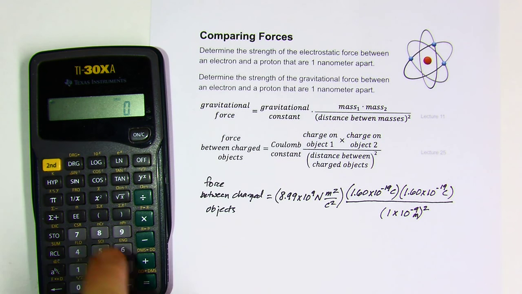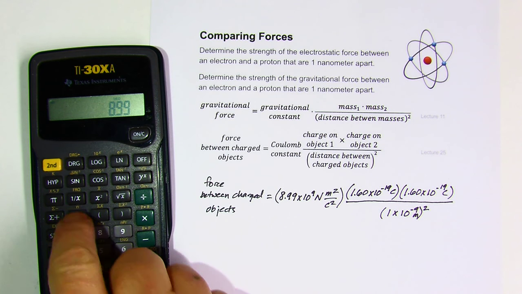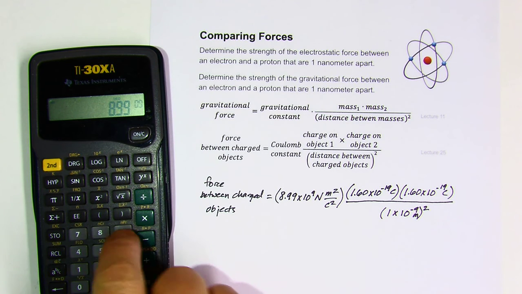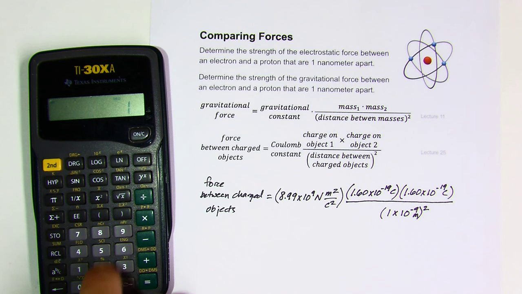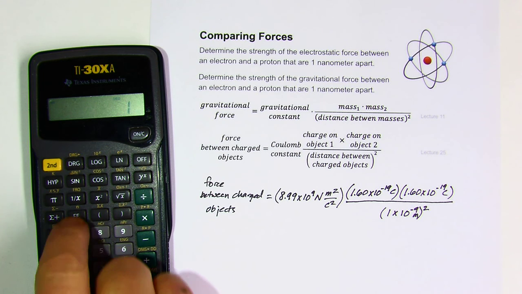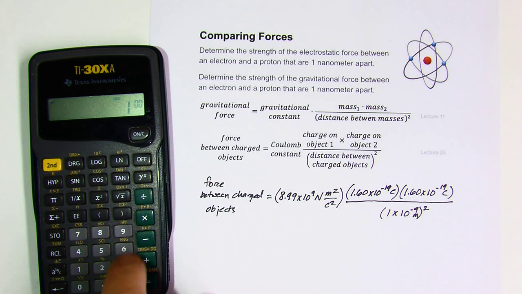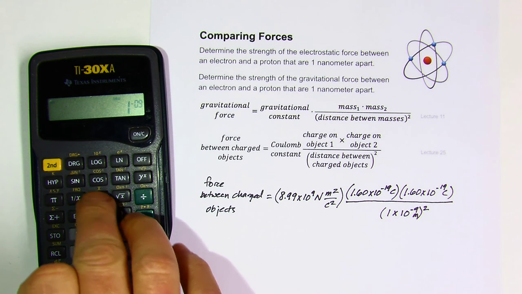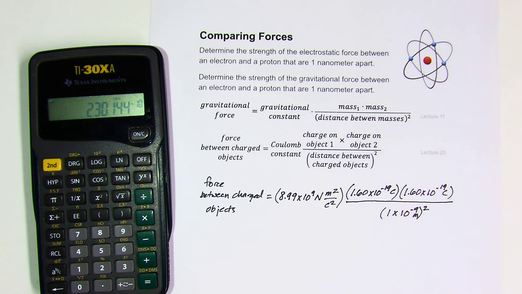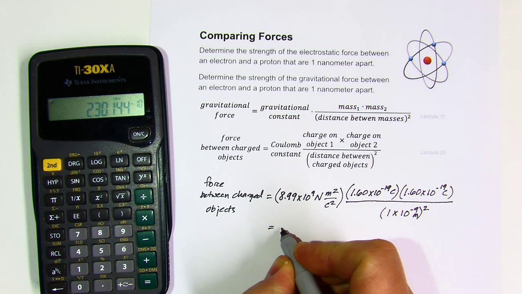So 8.99 times 10 to the 9th times 1.6 times 10 to the negative 19th times 1.6 times 10 to the negative 19th, and then I'm going to divide that by 1 times 10 to the negative 9th, squared, and I will get the size of that electrostatic force.